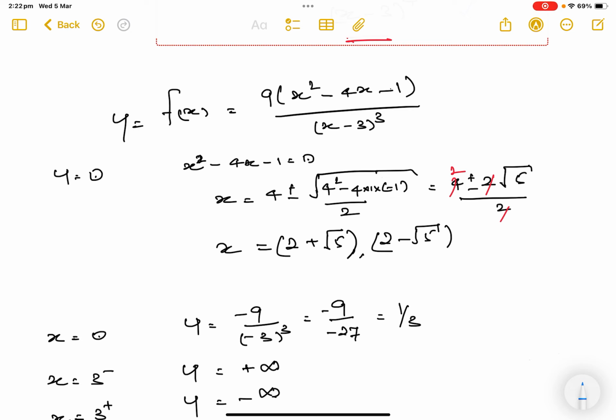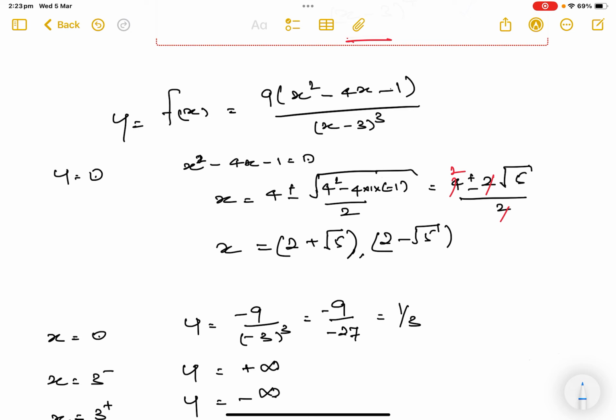So what we have is x squared minus 4x minus 1 equal to 0. From that, x equals minus b, that is plus 4, plus or minus the square root of b squared minus 4ac, divided by 2. So 4 plus or minus the square root of 16 plus 4, which is 20.